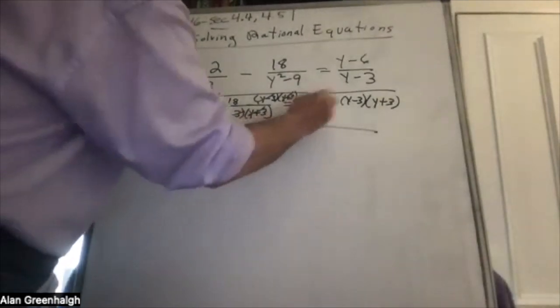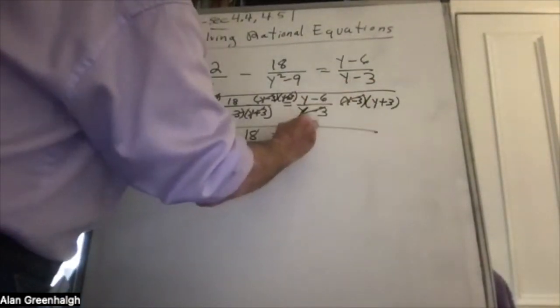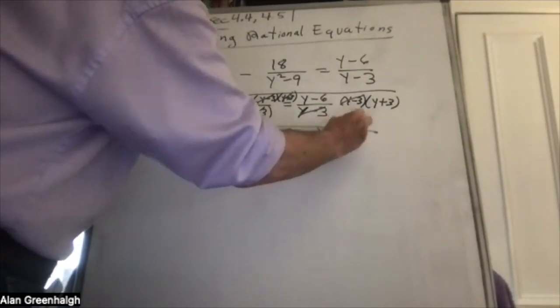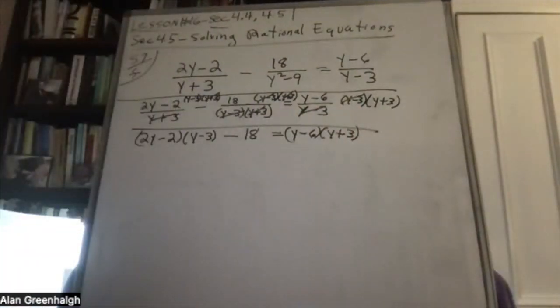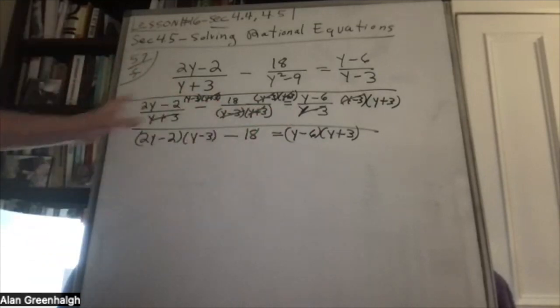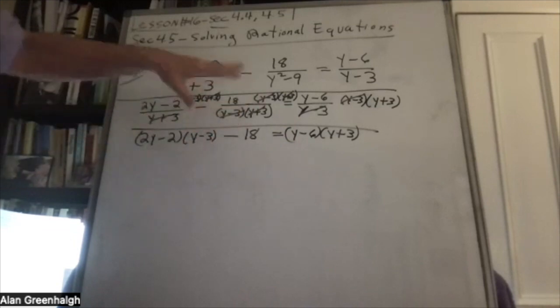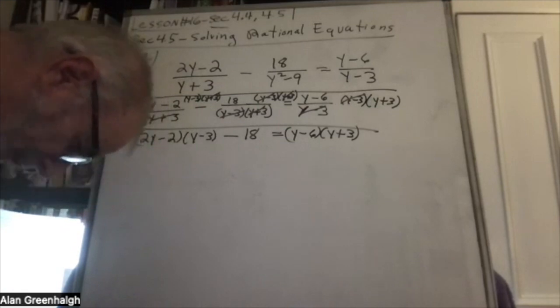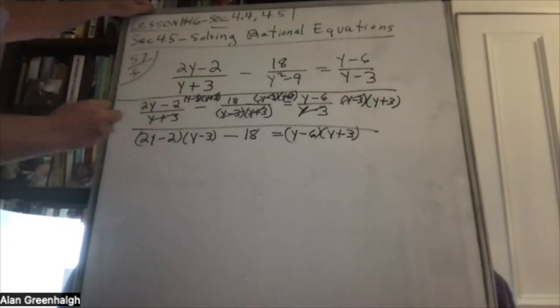Equals, this drops out, y minus 6, y plus 3. Okay, so let me just make sure I have that the way I'd like it to be. Now we have some multiplying to do, some rearranging of terms. So let's do that next.